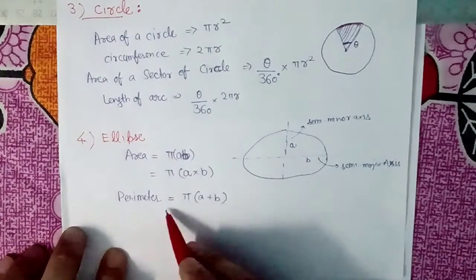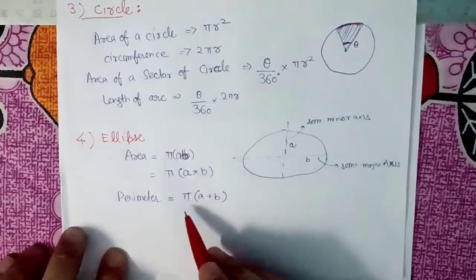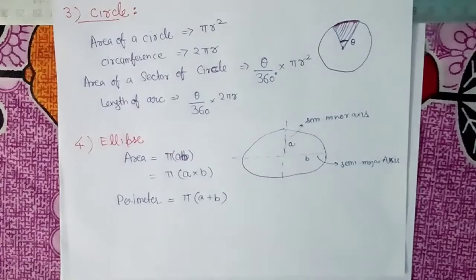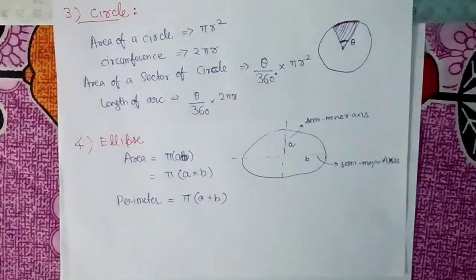And the perimeter will be equal to pi into a plus b, which is pi times the sum of the semi-minor and semi-major axes, will give you the perimeter of a particular ellipse. If you are given these, you can calculate the area as well as the perimeter of the structure.